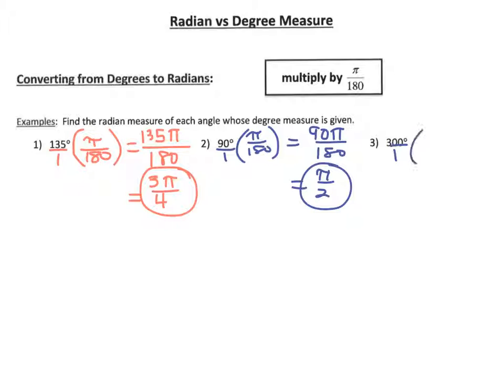Number 3, we're going to do the same thing. We multiply by pi over 180, which gives us 300 pi over 180. Since 300 over 180 simplifies to 5/3, we could write that as 5 pi over 3.